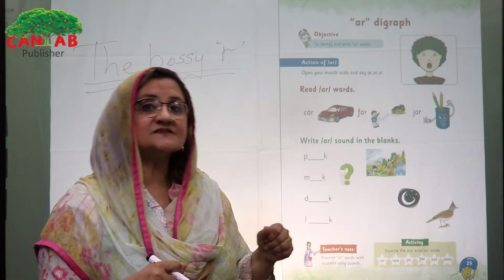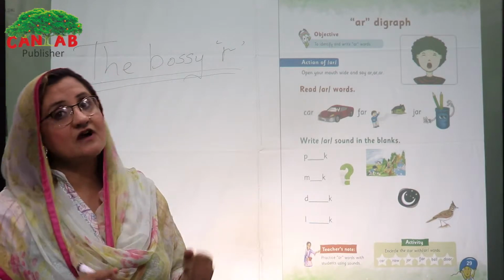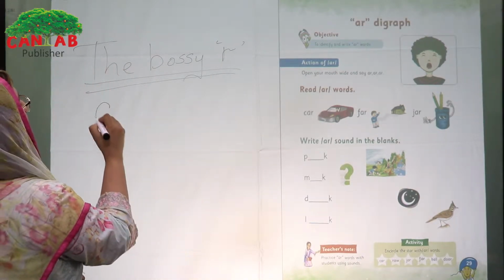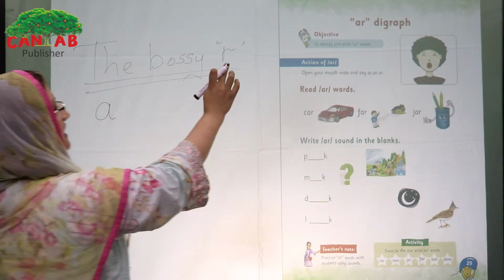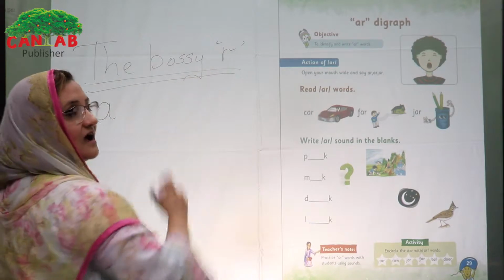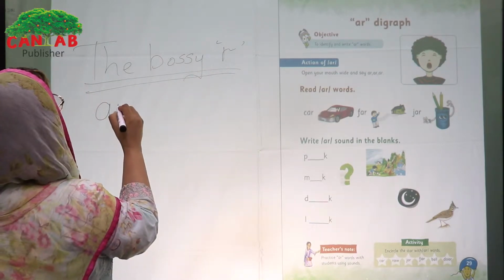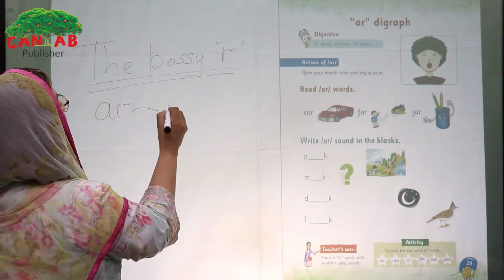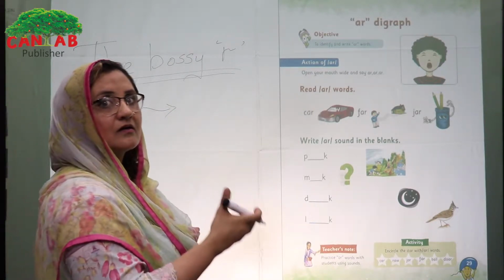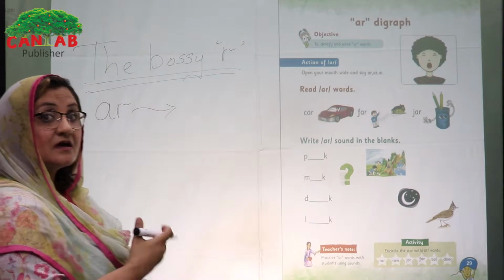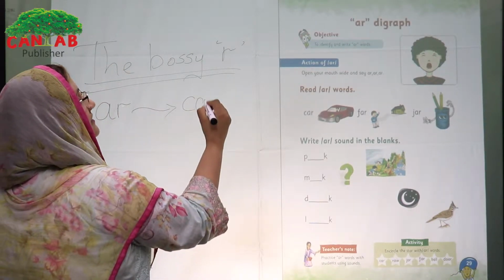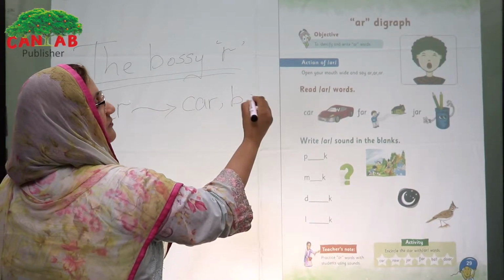When an A is with the bossy R, bossy R turns around and it makes a barred sound. It's R, as in car. Bar.